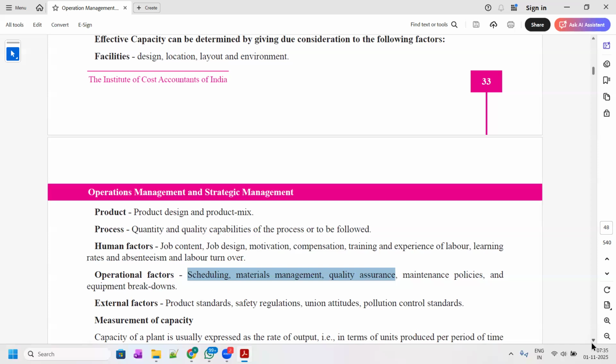Facility is where we know the design, location, layout, and the environment. And the product is the product which we wanted to design, the main product. The process is what type of process is to be followed, and its quality and quantity.